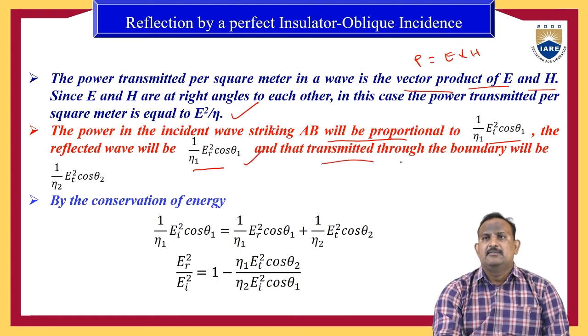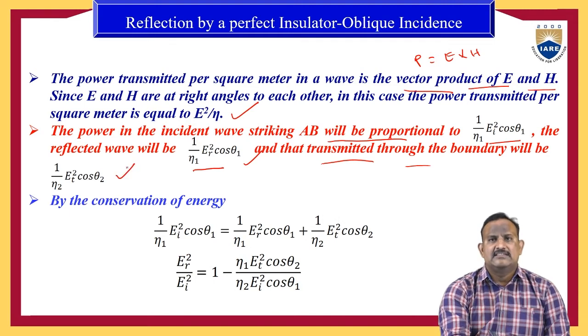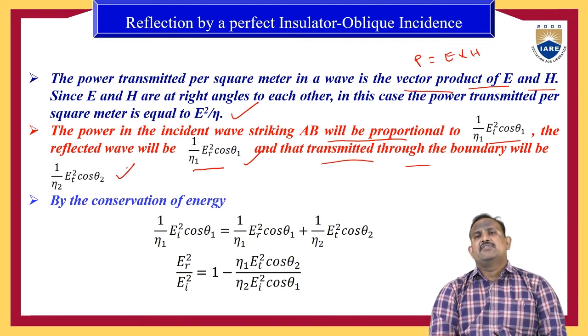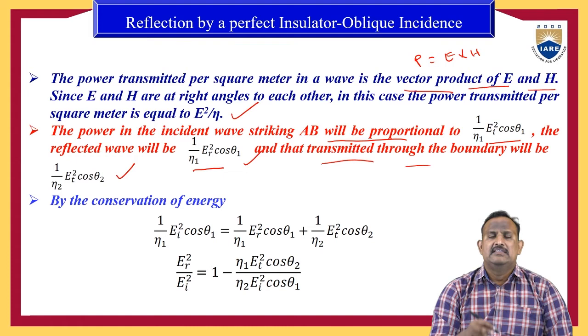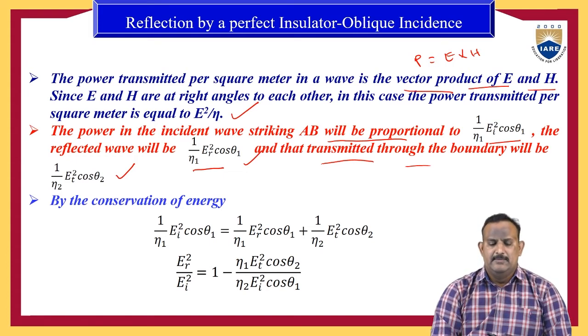The transmitted power through the boundary, in medium 2, will be 1 by eta 2 into ET square into cos theta 2. So, by the conservation of energy, the incident energy is equal to the reflected energy plus the transmitted energy. Therefore, the incident energy is 1 by eta 1 into EI square cos theta 1.